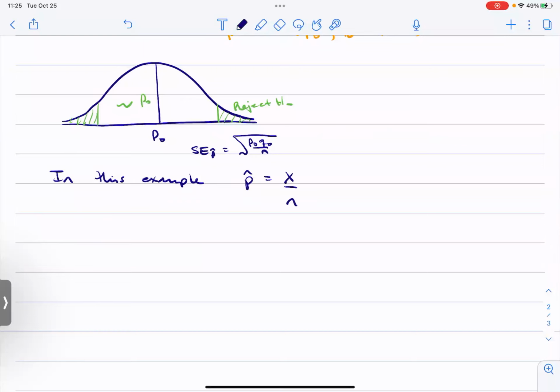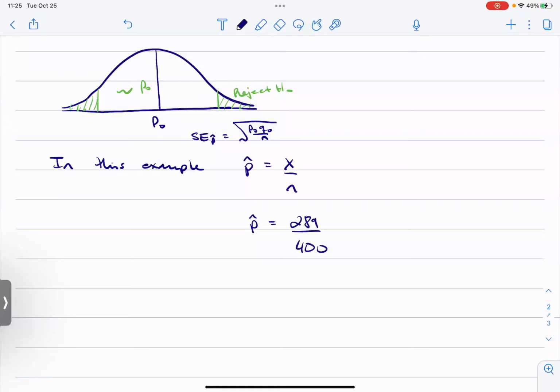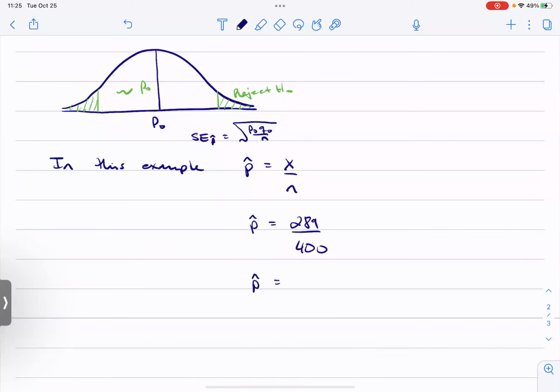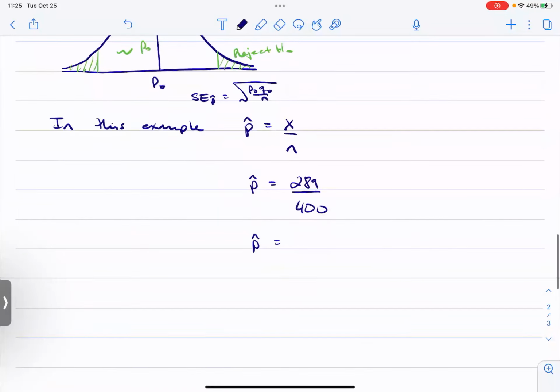And just so we don't have to scroll around too much, that's going to be 289 over 400, which gets me a reasonable number of 0.7225 without even rounding. That's it. So I'm going to keep it like that.